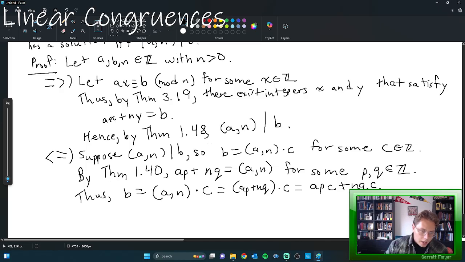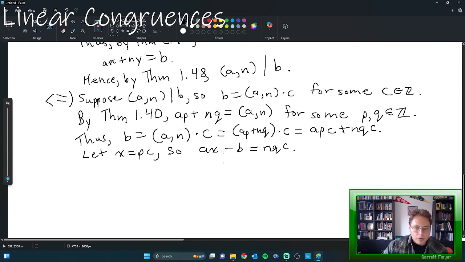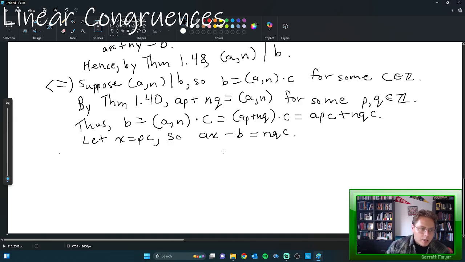And then if we let x equal pc, that means that ax minus b equals nqc. And hence, we can finish the proof, because now what we have is basically just the definition of congruence. Hence, ax is congruent to b mod n.